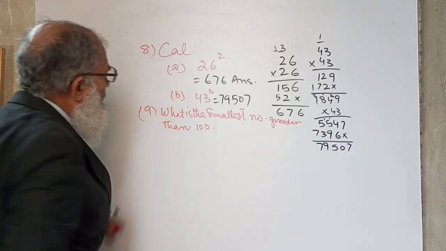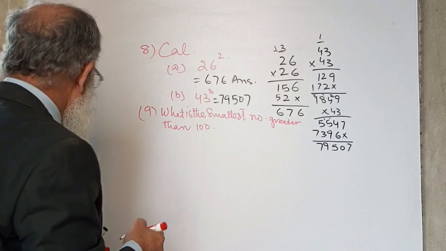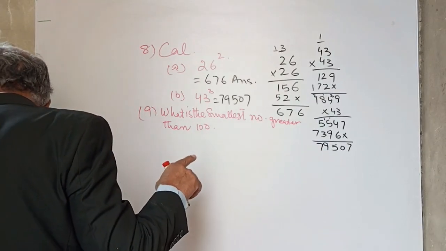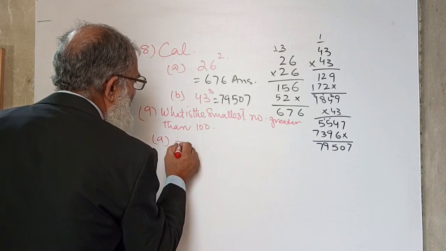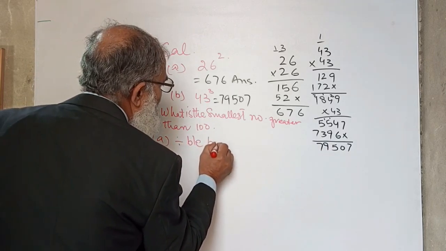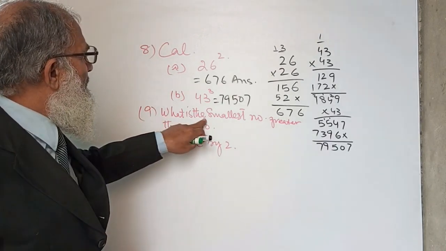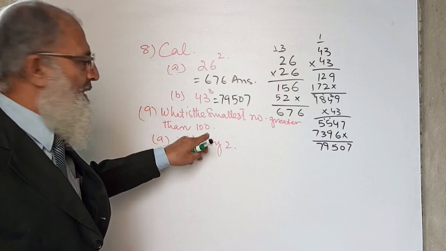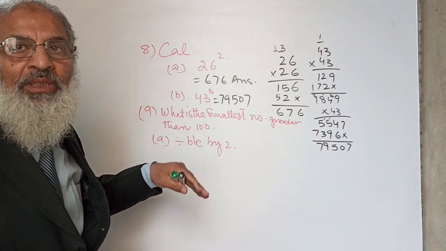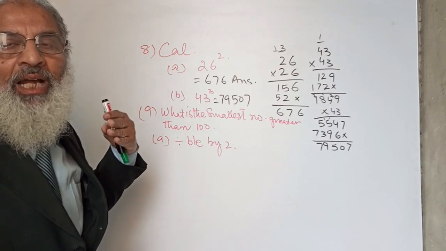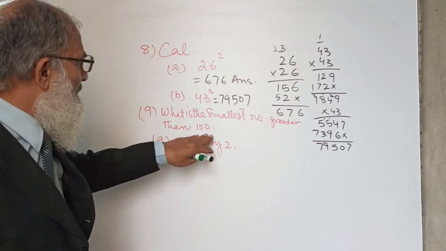Now what is the smallest number greater than 100 which is divisible by 2? Greater than 100 means up till 100 we can just leave.